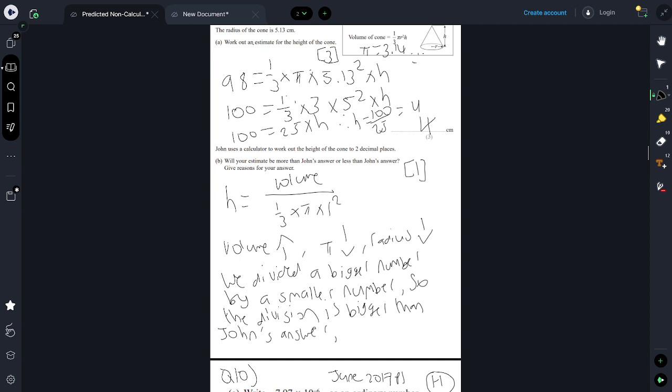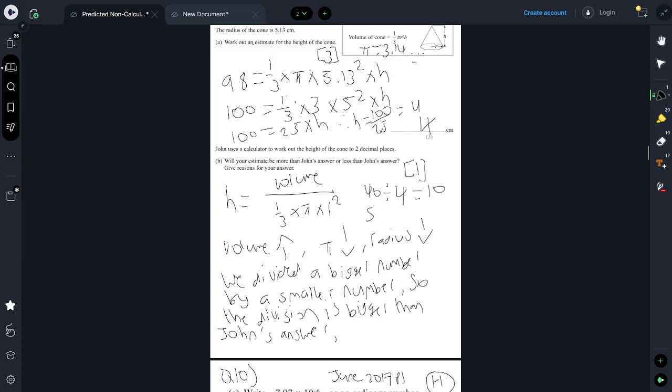So say, for example, if you are struggling to visualize this, try some examples. Say if you had 40 divided by 4. So pick those numbers to test. That's 10. Now say we increase the numerator, so this was the top number here.